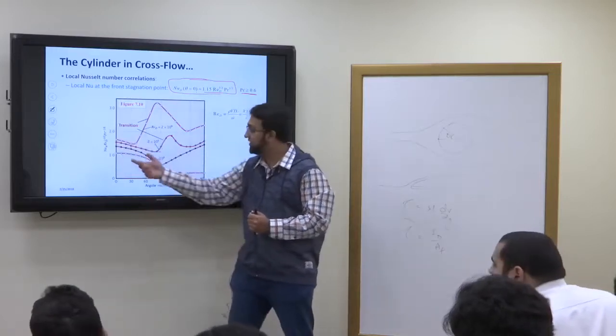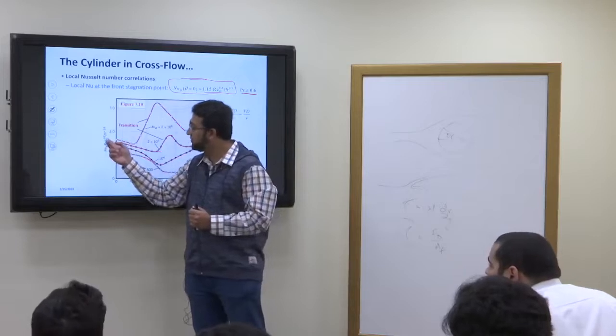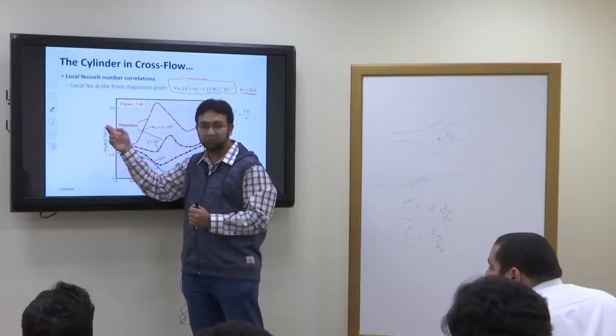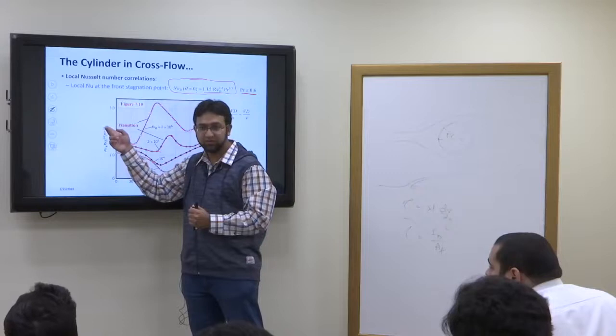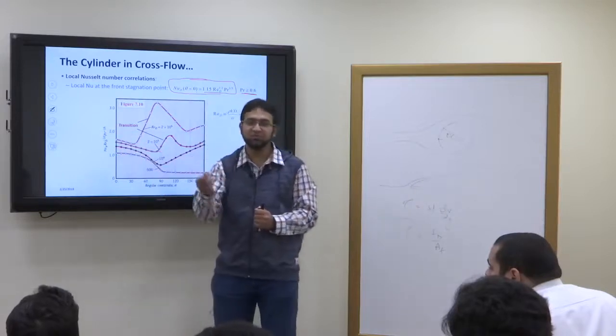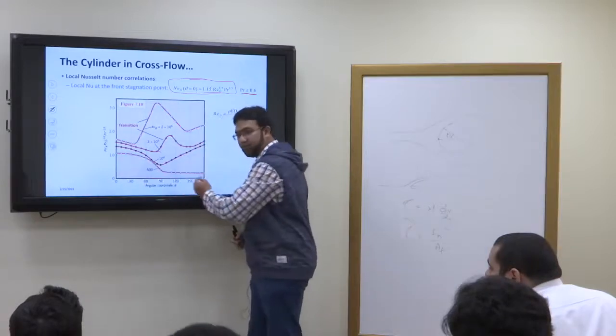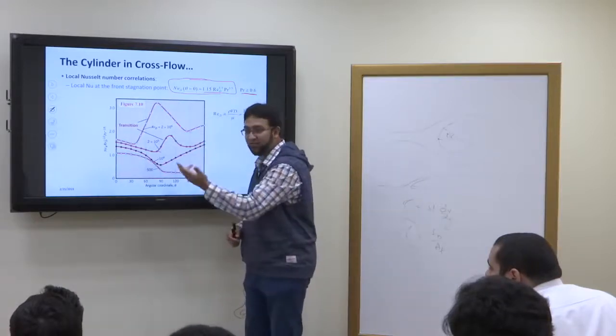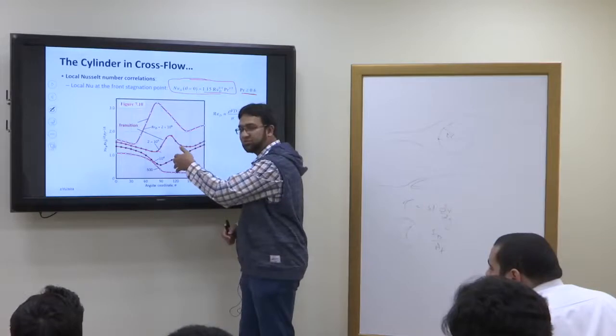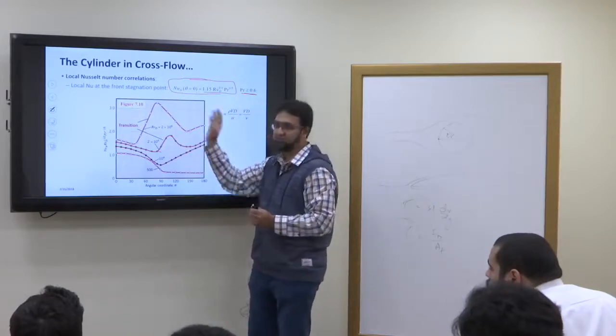This combination, Nusselt number into Reynolds number power negative half into Prandtl number power negative 1 by 3. From here you will determine the local Nusselt number. So by varying theta, you can determine how the Nusselt number varies for different Reynolds numbers using this graph.